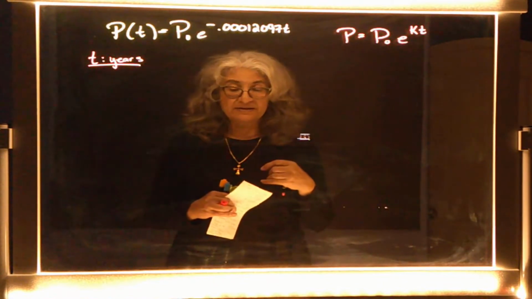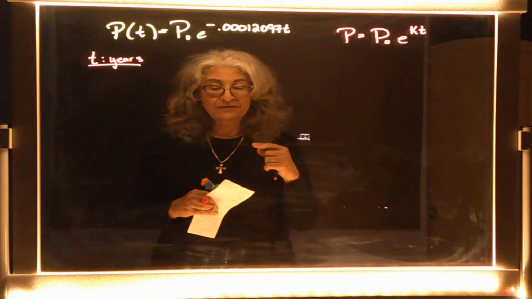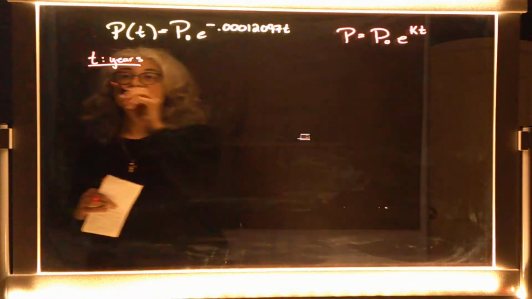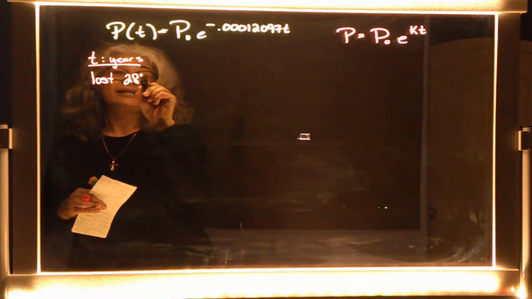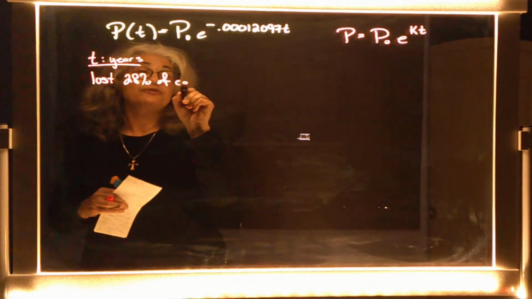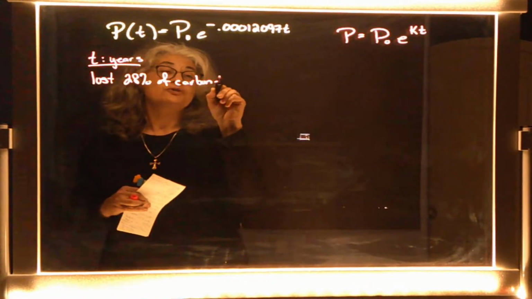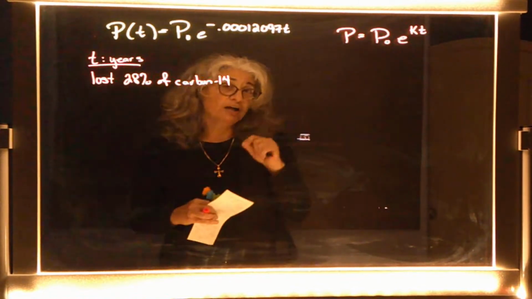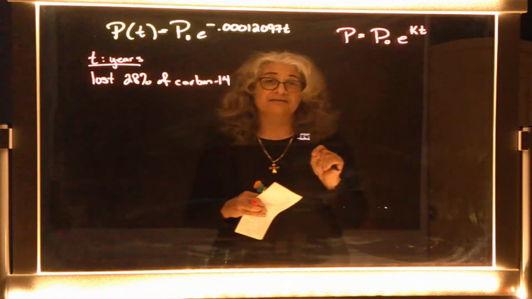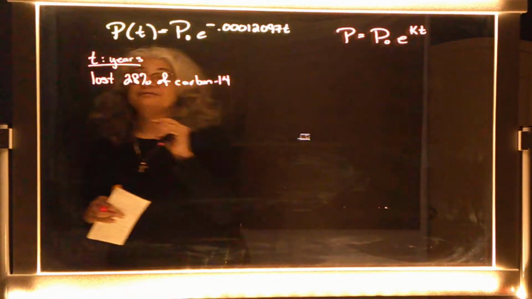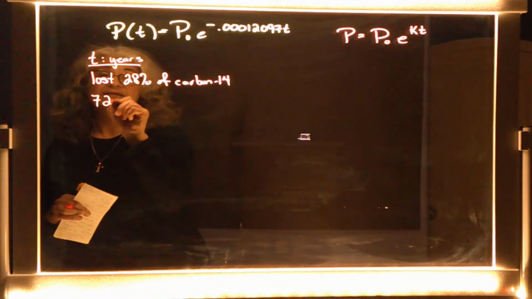Well, remember what they said. They said that the ivory tusk lost 28% of the carbon-14. So here's my question. If it lost 28%, then how much still remains? Good. 72% still remains, doesn't it?